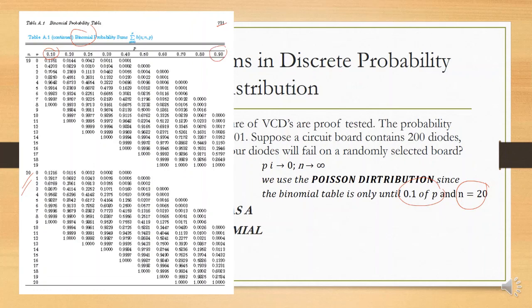So, kapag ang P natin ay 0.01, wala tayong way to read the table, no? To use the table. So, we will discuss this. Bakit kailangan natin yung table, no? Instead of doing the manual computation.